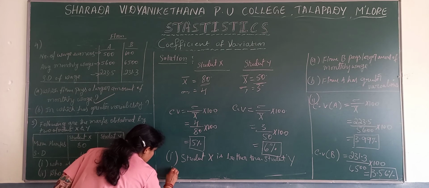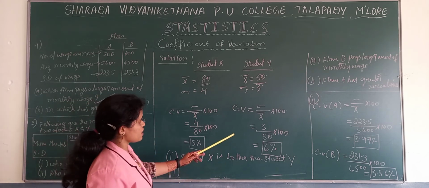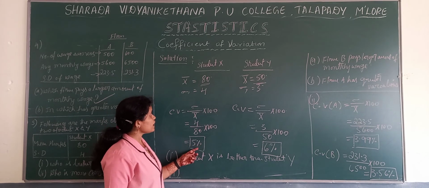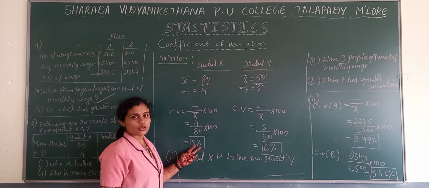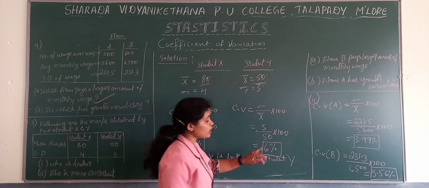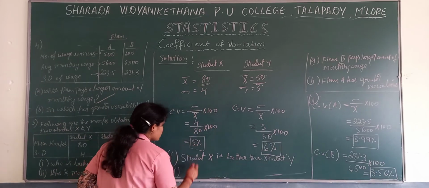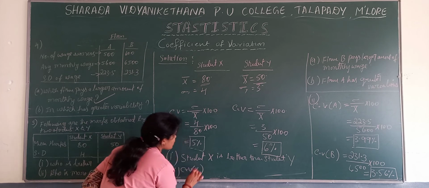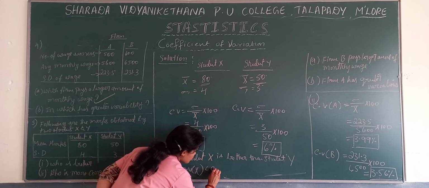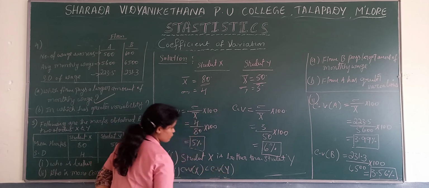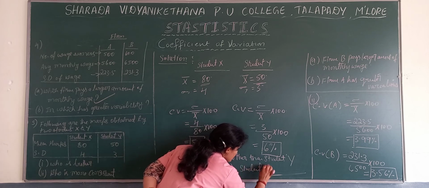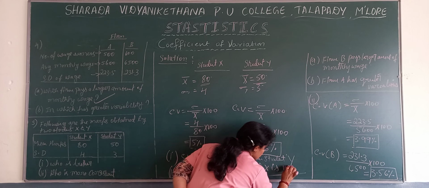Now the second one, which is more consistent. Consistent means check the CV where there is less variation. Student X has less variation, so he is more consistent in scoring than student Y. The CV of X is lesser than CV of Y. Therefore student X is more consistent.